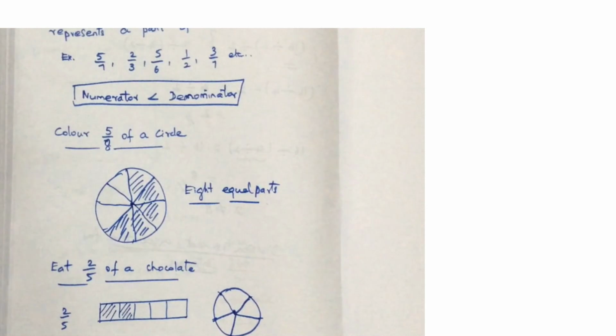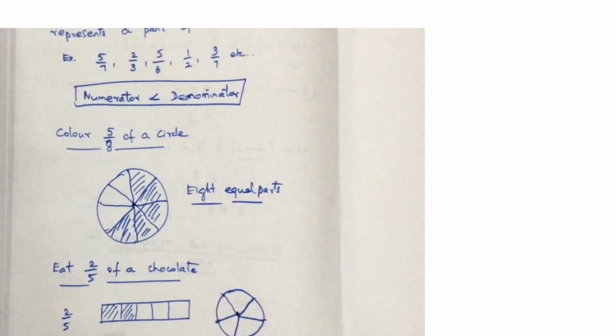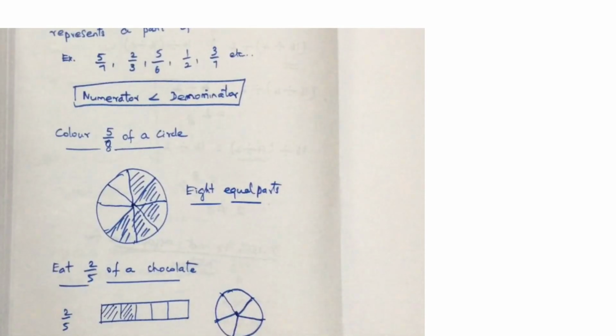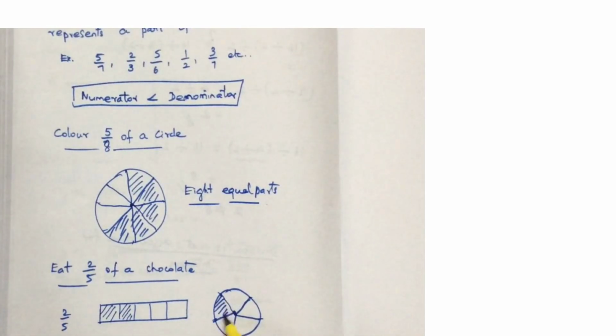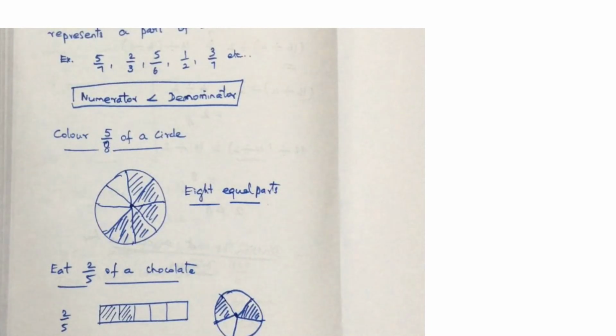The same 2 by 5, if you want to represent it in a circle, draw a circle and split it into 5 equal parts. Out of that, you are representing 2, so shade any 2. In whichever way you want, you can represent it. So in a proper fraction, the main thing is the numerator should be less than the denominator.